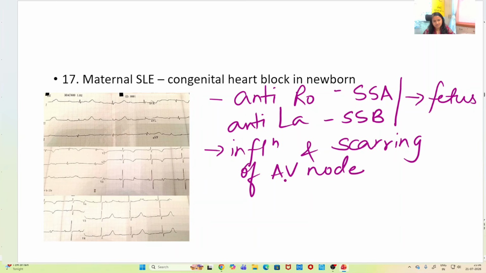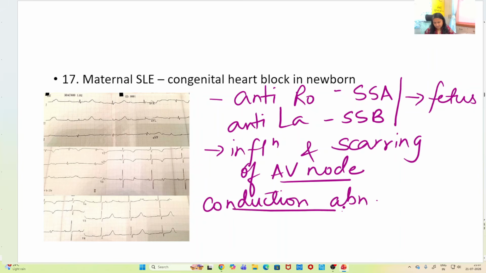Because of this there will be conduction abnormalities. Usually this pathology happens in 18 to 24 weeks of pregnancy, basically in the second trimester.